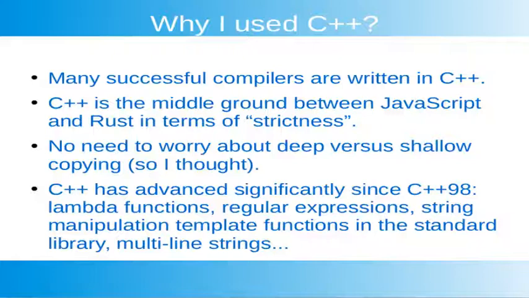And in my opinion, C++ is so successful because it is the middle ground between JavaScript and Rust in terms of strictness. That is, the compilers for C++ usually warn about code smells, but they allow you to compile it.